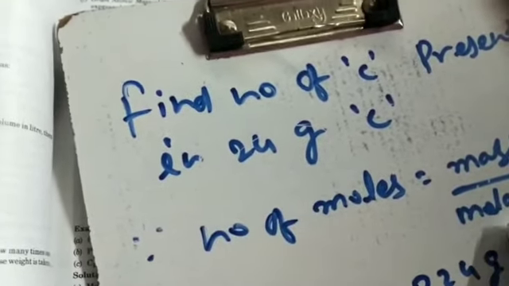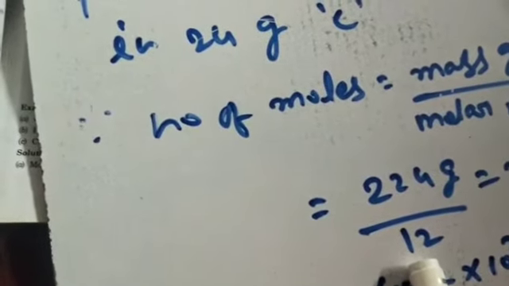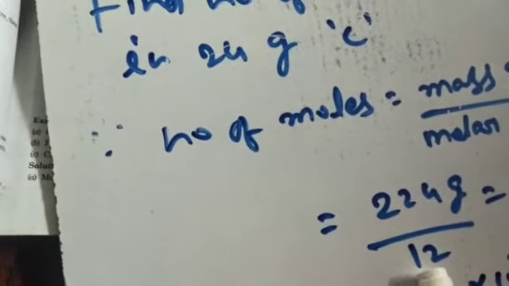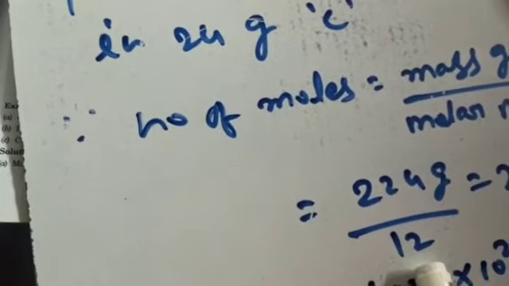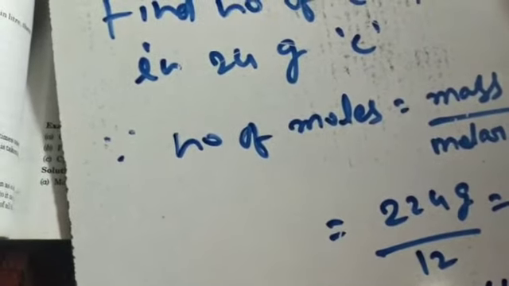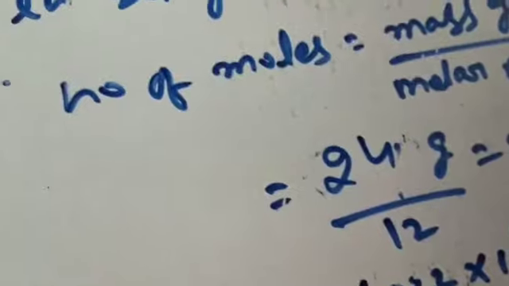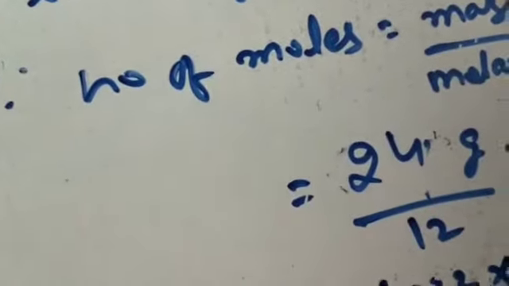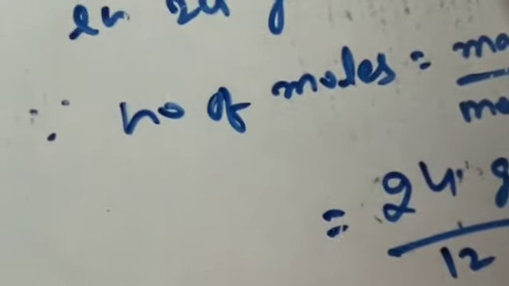And molar mass is the atomic mass of carbon, that is 12. Its atomic number is 6 and the sum of protons and neutrons is 12. When 24 is divided by 12, we get 2 moles. That is, 2 moles of carbon are present in 24 gram of carbon.